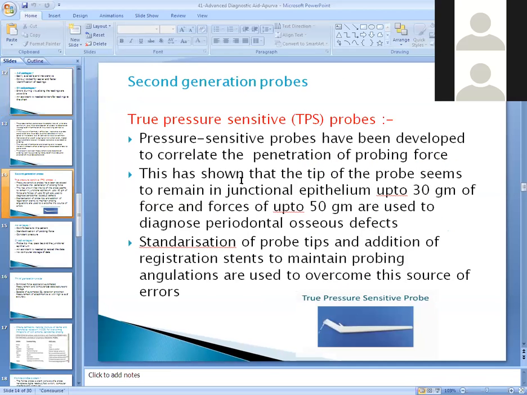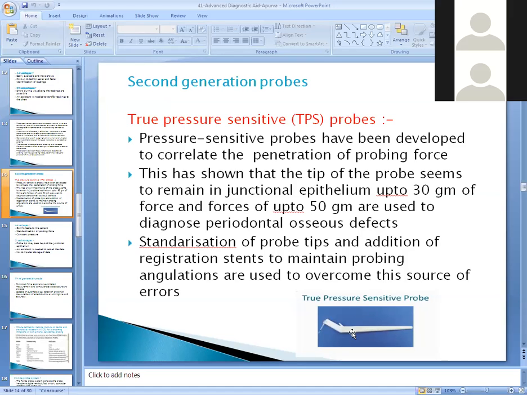The true pressure sensitive probe, see here, are you able to see the image of this probe? The handpiece of this probe is made such that inside it there is a spring coil.